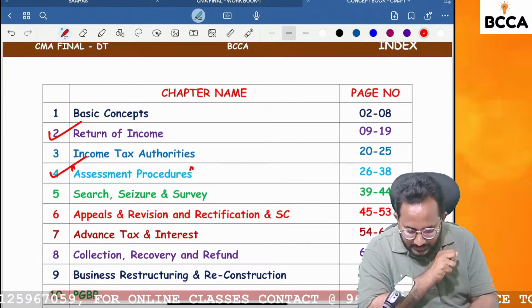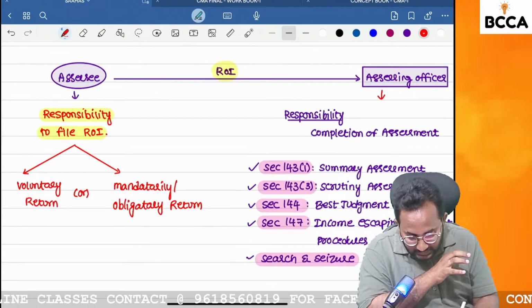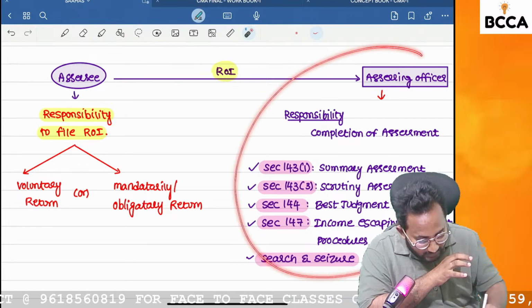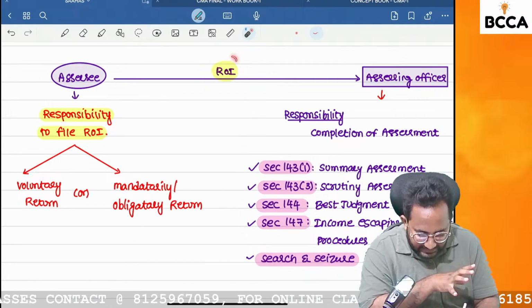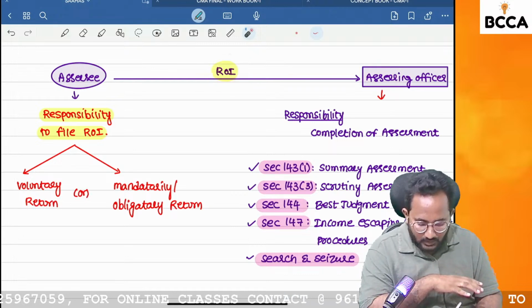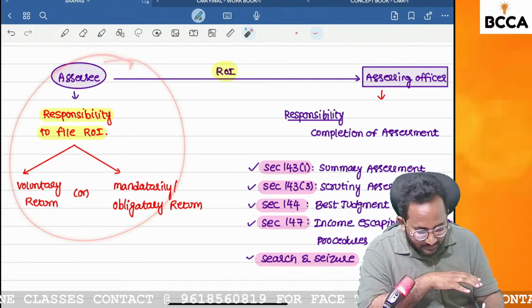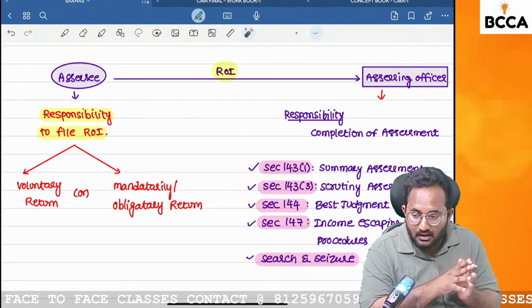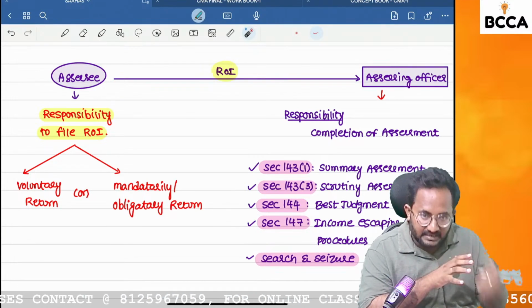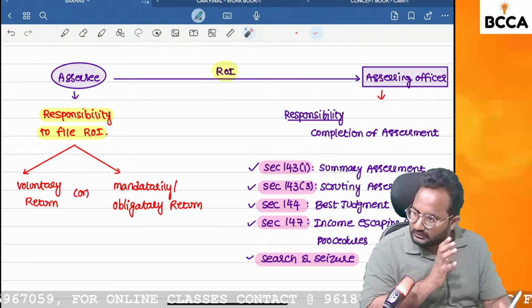For this purpose, we always think from the assessing officer's point of view. So this is the linkage between these two chapters. First, you file the return of income, then only I can do the assessment. Assessment means verification, checking, testing.